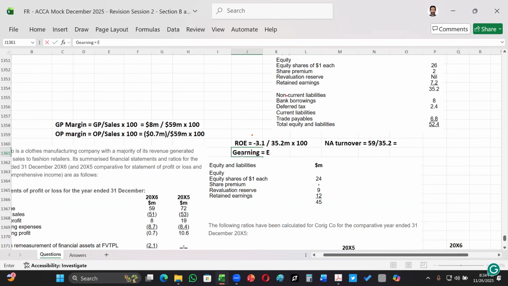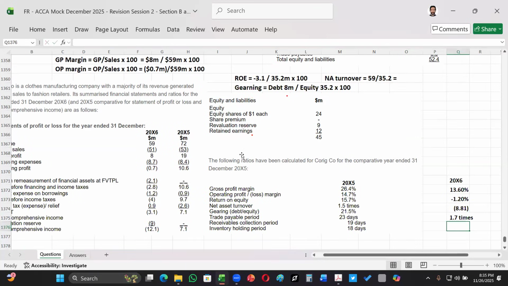Gearing is equal to this debt, which is 8 million divided by your equity, which is 35.2, and we multiply that by 100. So that is 8 divided by 35.2 multiplied by 100. That is going to be 22.73.